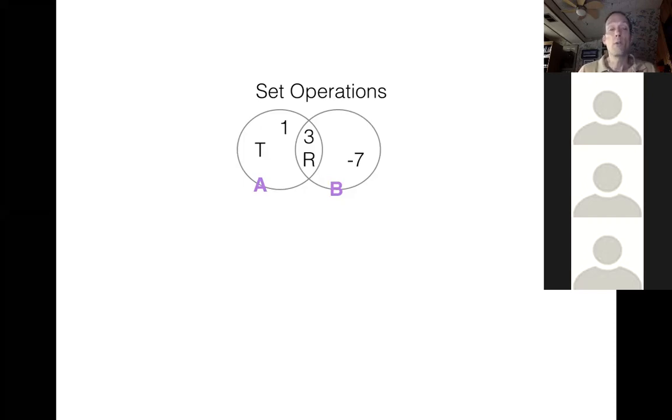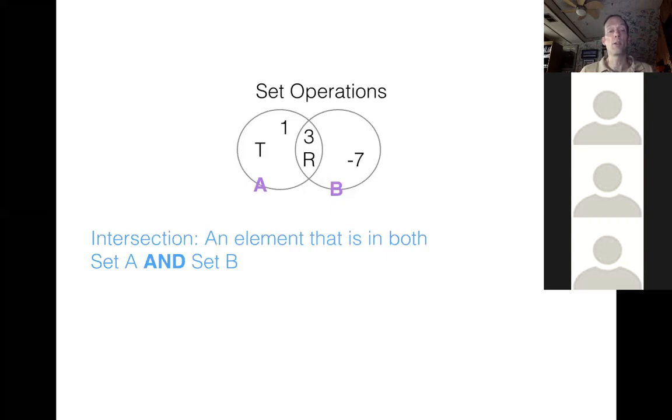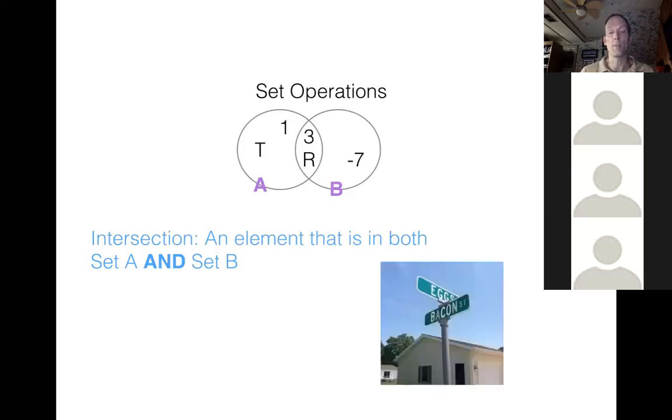Okay, so the first thing that we're going to do, first term, is something called an intersection. And when somebody is driving down the street and we see an intersection, same thing in set theory. An intersection is where 2 streets are coming together, and we're just talking about the part that's common to both of those streets. In set theory, it means the same thing.